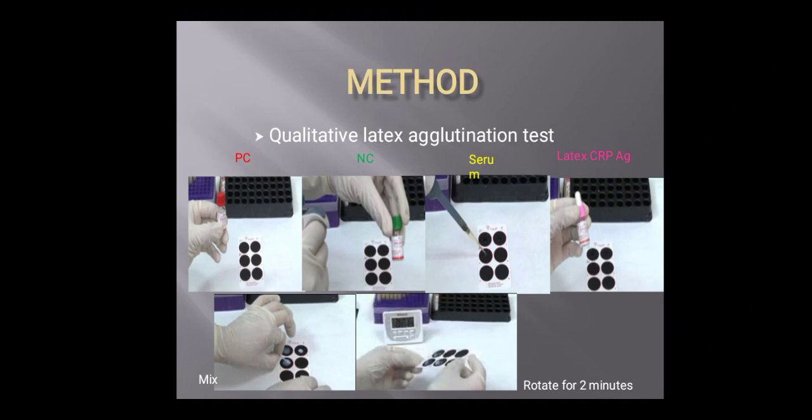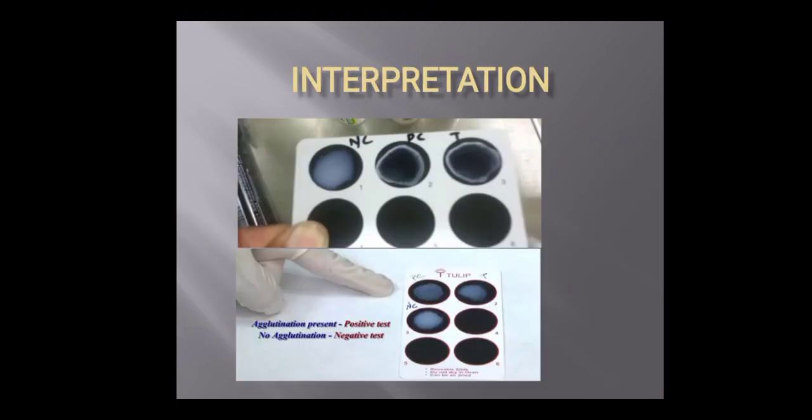So how we are going to interpret is that, here in the second image, if there is agglutination present, it means it is a positive test, and if there is no agglutination, it is considered a negative test.